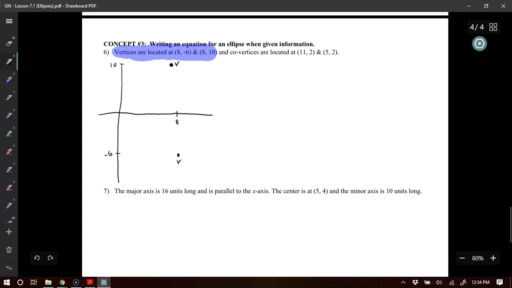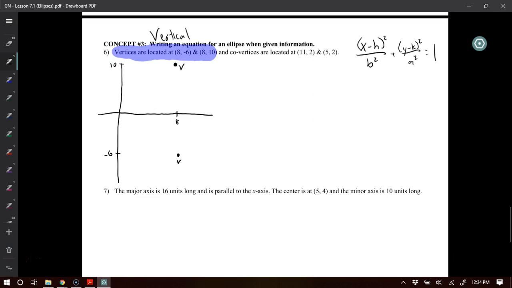So right away, just so you can see, that tells me that this is a vertical ellipse because my vertices are up and down. Why is this important? Because I'm asked to write the equation of the ellipse. So the equation for a vertical ellipse is x minus h squared over b squared plus y minus k squared over a squared equals 1. So again, I still need a, b, h, and k on it.